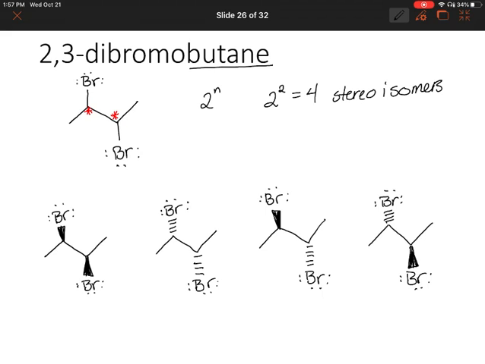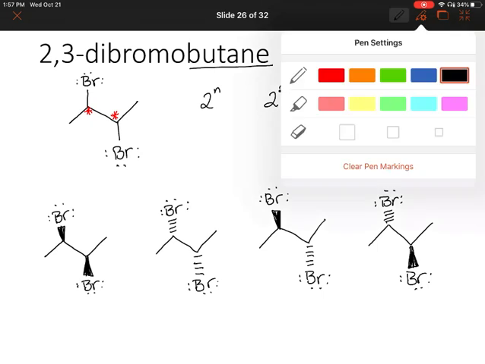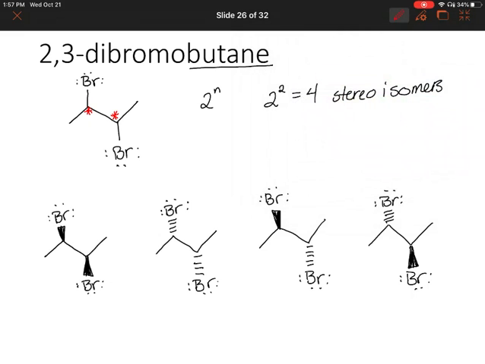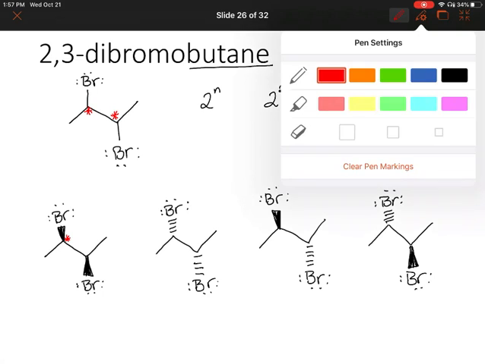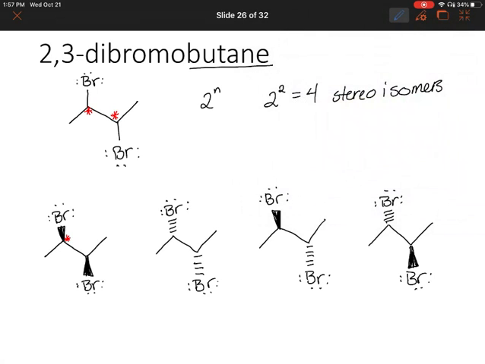Okay, so now the next step, we need to assign R or S to our stereocenters. So let's start with our first stereocenter. And let's prioritize all of the atoms bonded to that stereocenter. So what would come first, bromine, carbon, or hydrogen?